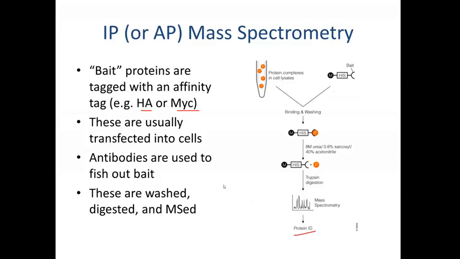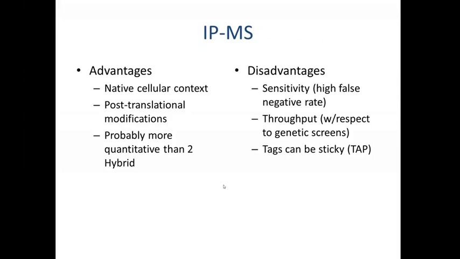And in that way, you can take each bait and try to find as many proteins as it interacts with in a larger complex. So some of the advantages here are it's a native cellular context, in the case of putting it into a cell that contains that protein. Because it can be in human cells, post-translational modifications can be maintained and available.